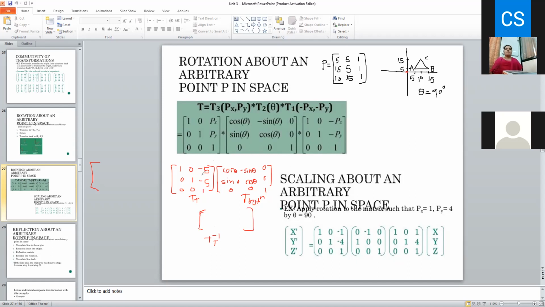Now we have to shift 5 units up and 5 units right so that A will come to its original point. And that is done with this T matrix 1, 0, minus 5 will be converted into plus 5, because we have to make it lie on the same location where it was earlier, and 0, 0, 1. So this is your T total.